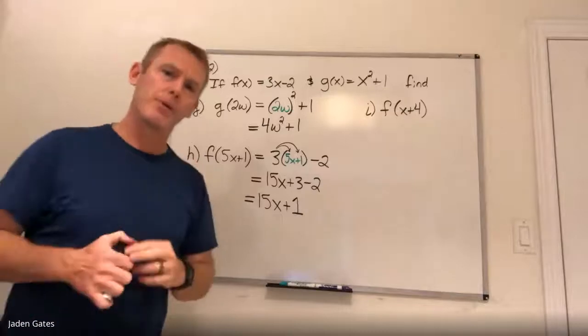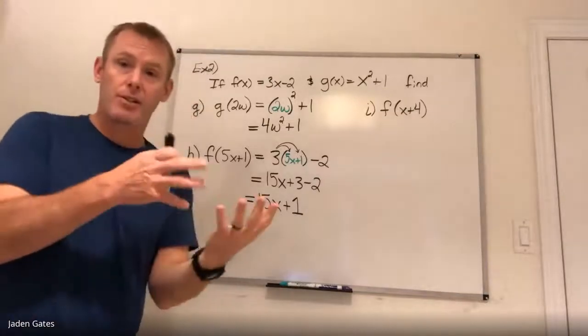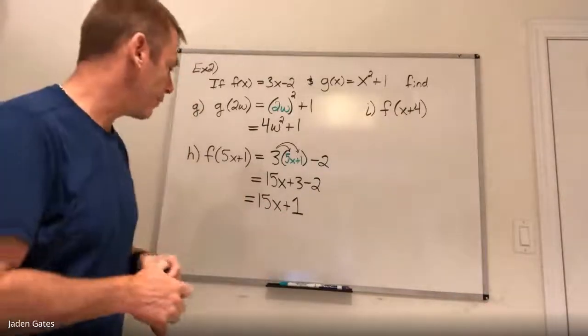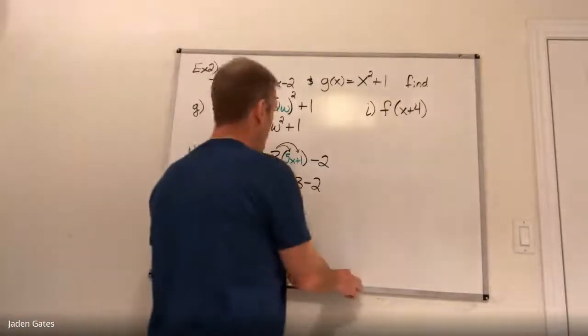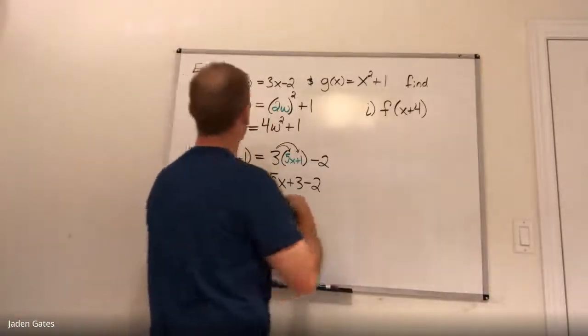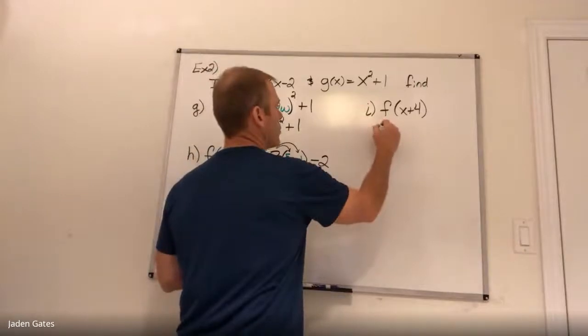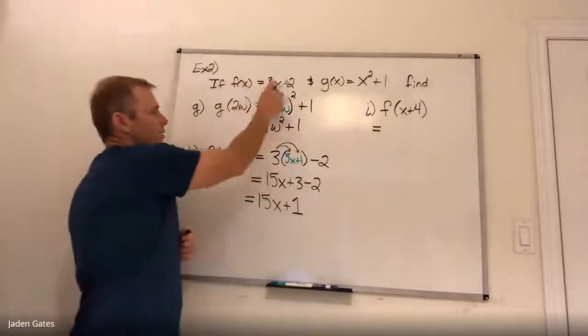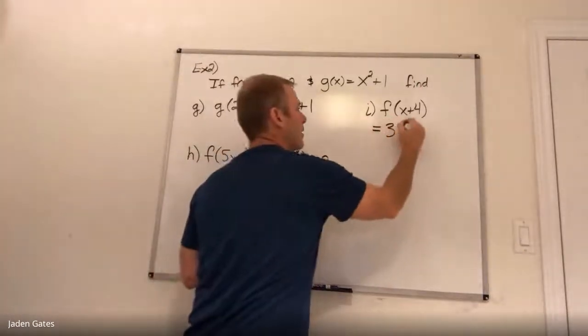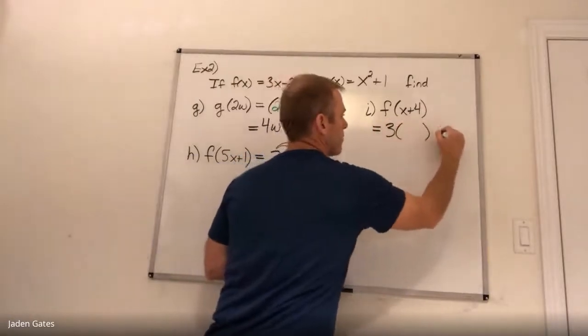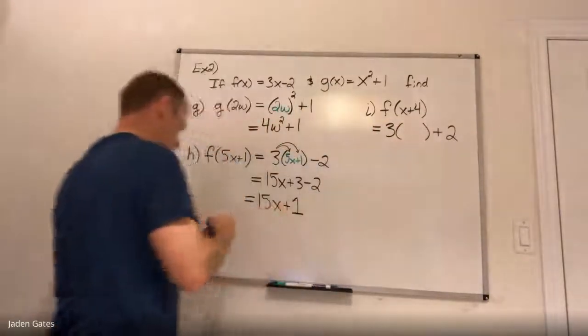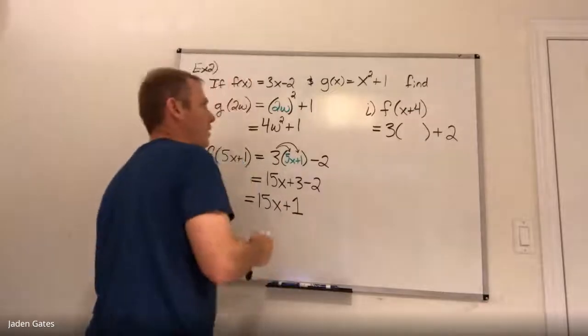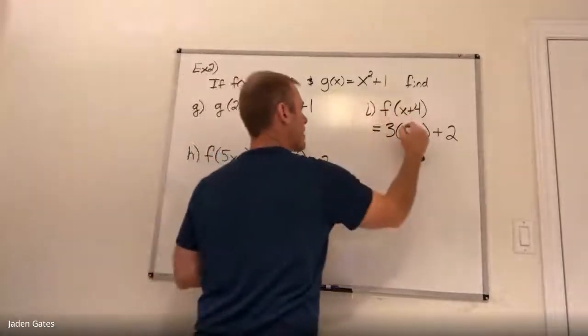That messes people up in that you're subbing in x stuff for x, but that's how function notation works. All right, so again, my f equation is 3x minus 2, so I have a 3 times x minus 2. And again, what's going in for x? This time it's x plus 4.